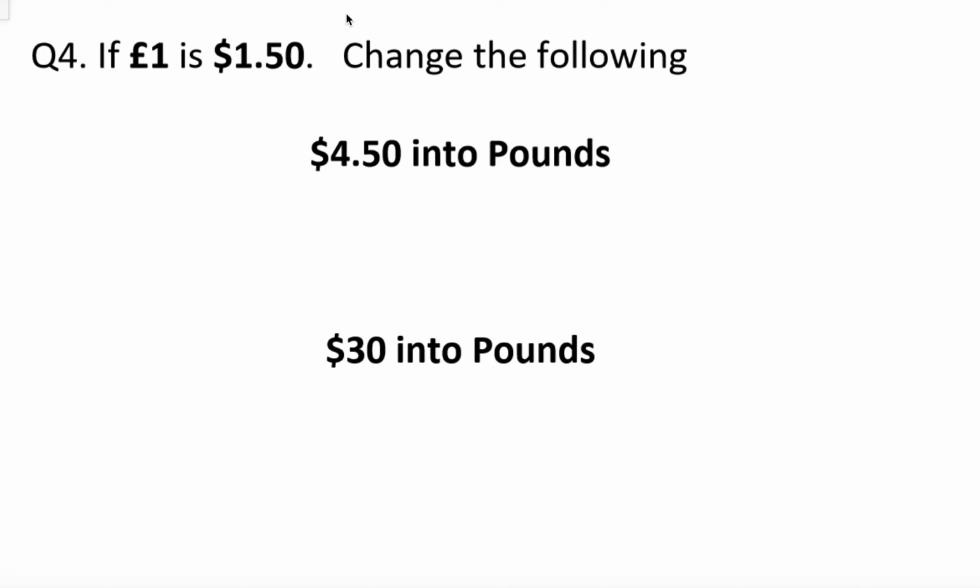So basically, starting off with dollars, all you've got to do is the reverse. You divide it by 1.5. So basically, we've got 4.5. And if we divide that by 1.5, what does that equal?